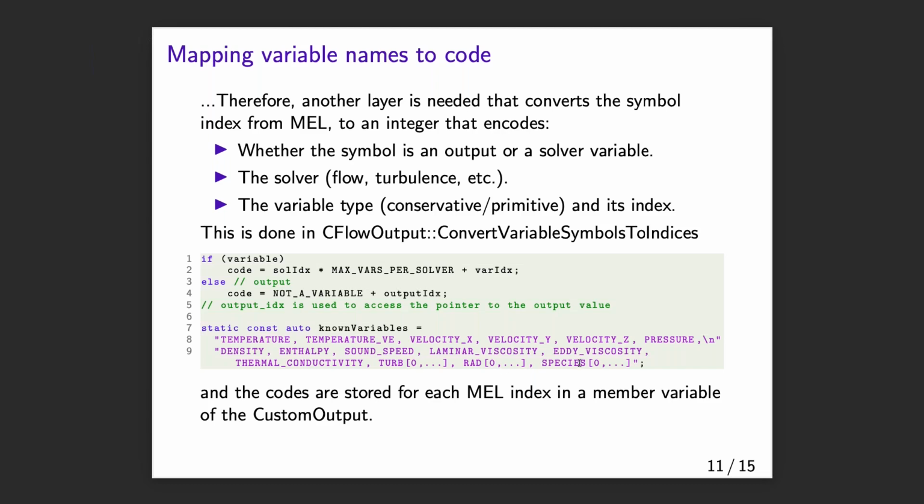Same for radiation and same for species. And so we end up with these codes, with one of these codes stored for each index that is associated with a symbol of the expression that was parsed by the library. And this is stored in the custom output struct.